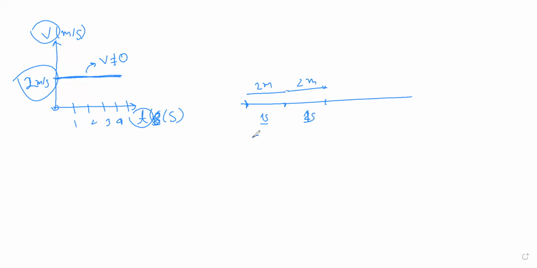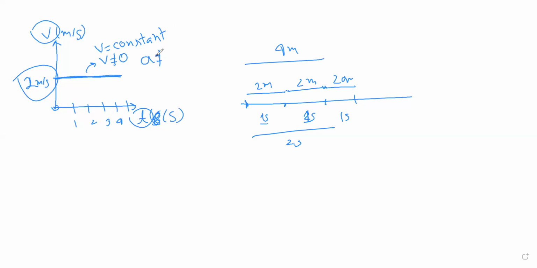So altogether in 2 seconds it went 4 meters, right? If we draw 1 more second, it will be 2 more meters. So the velocity is not 0, the velocity is constant. And we know if the velocity is constant, that means the velocity is not changing. So there is no acceleration.